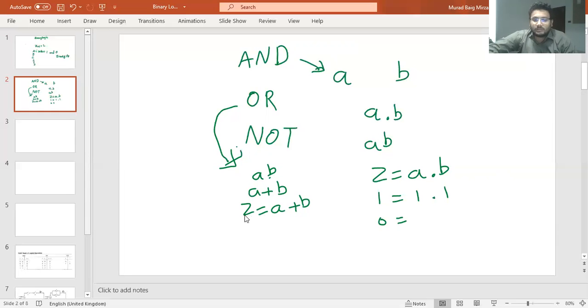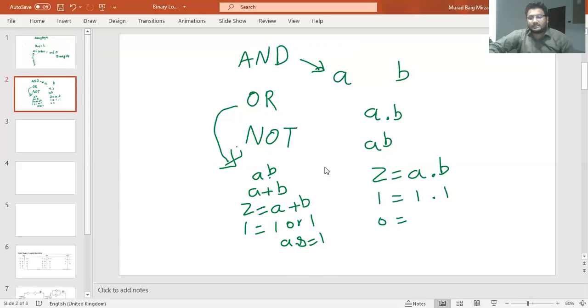So how will this equation work, how will the OR gate, or OR logic, work? OR logic says that Z is equal to 1 if A is 1, or if B is 1, or both A and B are equal to 1.